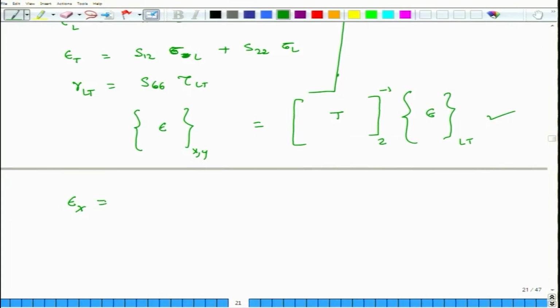So, epsilon x works out to be minus 481 times 10 to the power of minus 6, epsilon y is plus 704 times 10 to the power of minus 6, and gamma xy is equal to minus 442 times 10 to the power of minus 6.